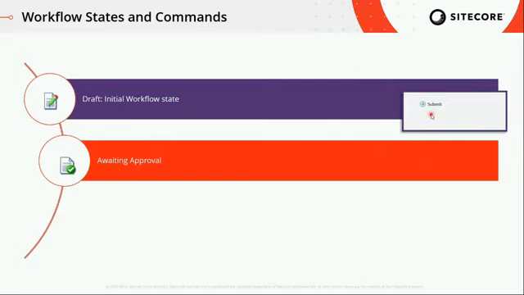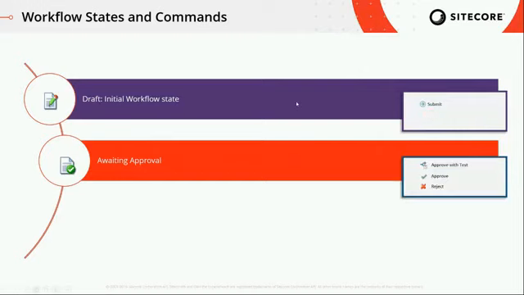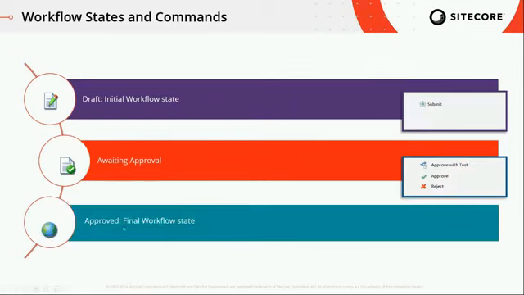That's the command button. Now the next step is to either approve it with test, multivariate testing, approve, just straight up approve, or reject. So if you choose to approve, for example, it moves it into the last state, which is approved.